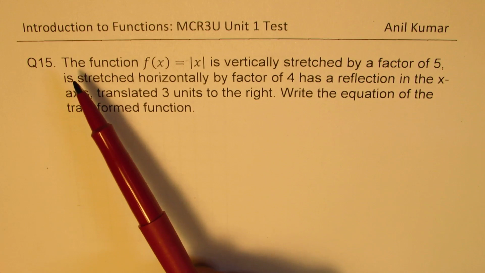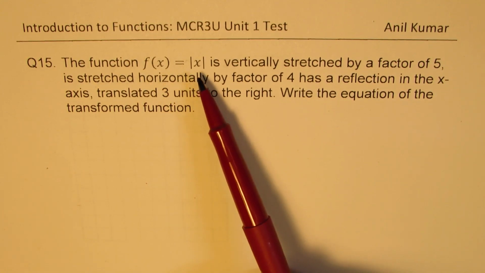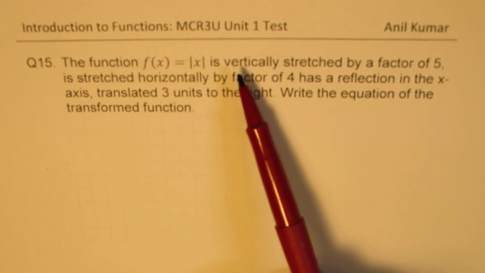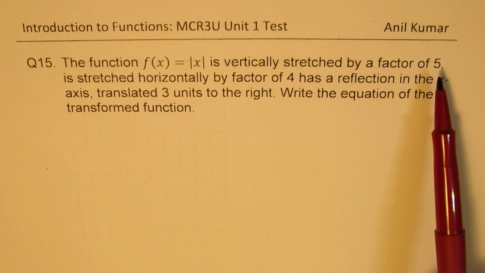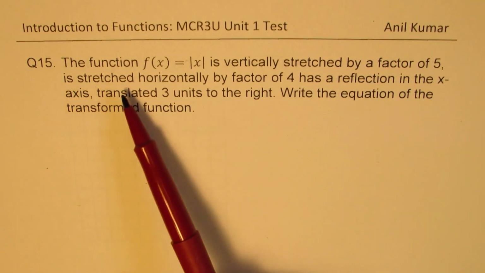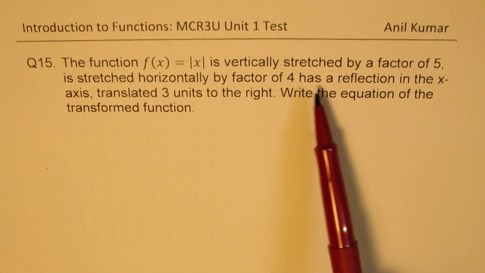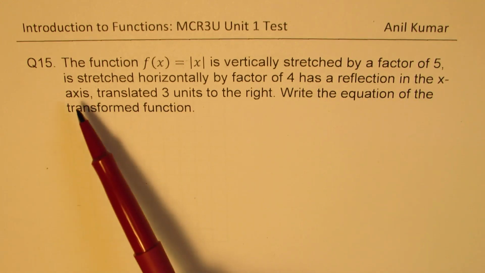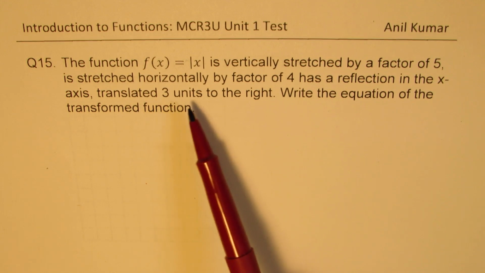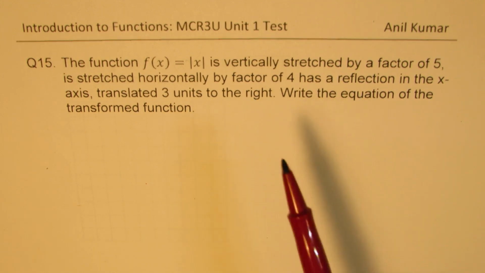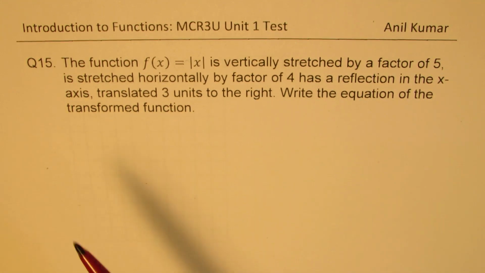Let's take another example based on transformations. Question 15. The function f of x is absolute x. Now this function is vertically stretched by a factor of 5, is stretched horizontally by a factor of 4, has a reflection in the x-axis, translated 3 units to the right. Write the equation of the transformed function.